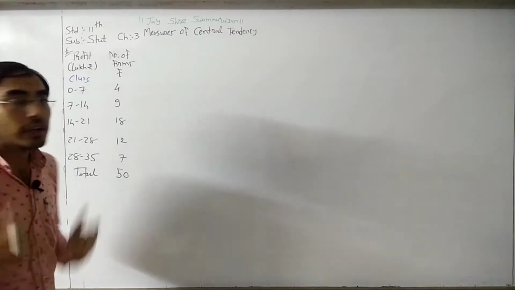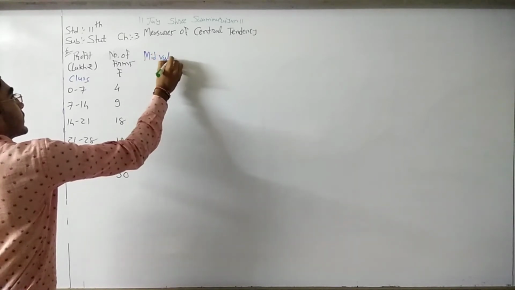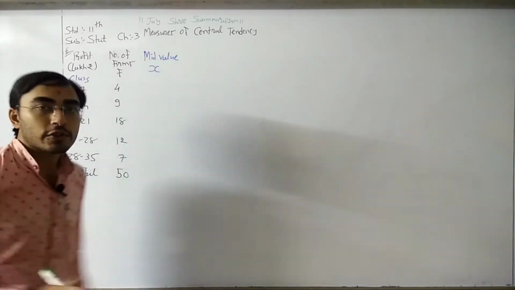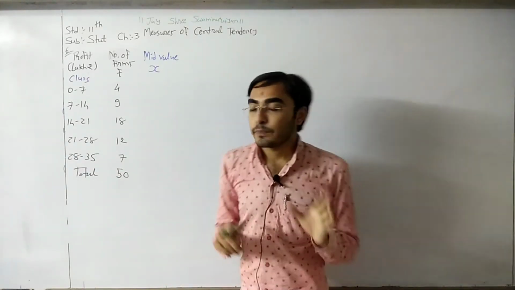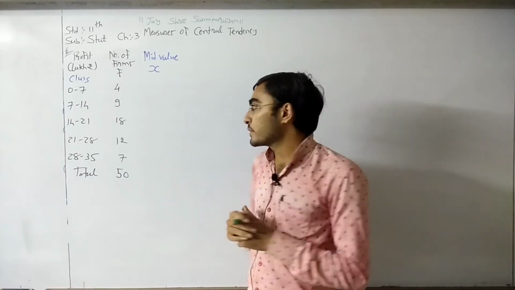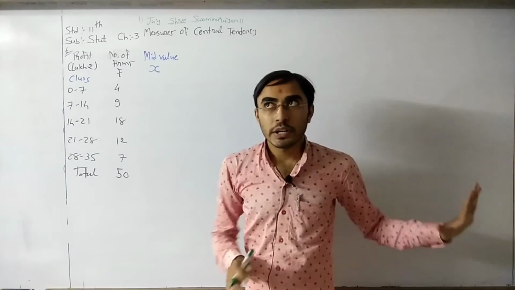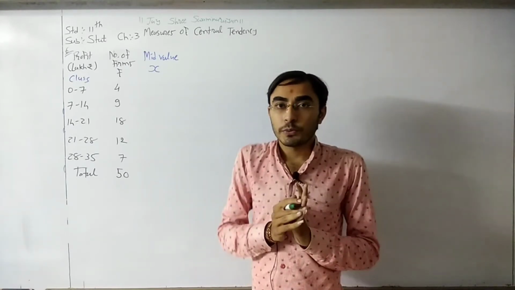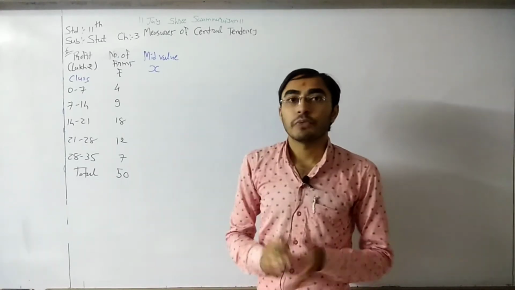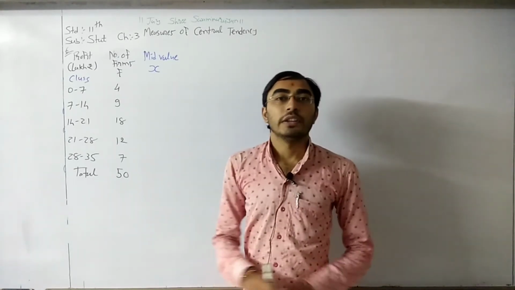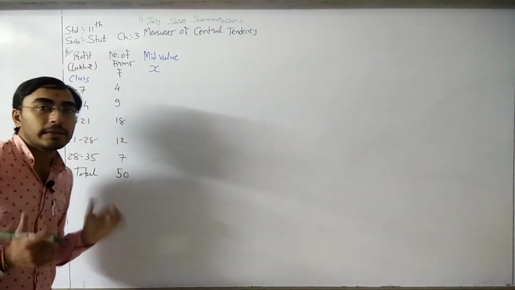After that, for finding the mean, we need to find the mid value X. Here a continuous frequency distribution table is there, so first of all we need to find X. In ungrouped data, or a discontinuous frequency distribution, X is already given to us. But here the class is given, so first we need to find X. After that, we can find the mean. So how can we find the mid value X?